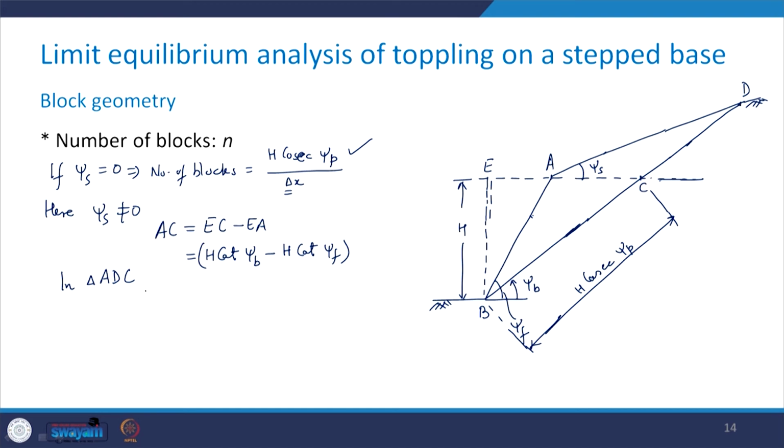What we will get is AC, and in front of this side this is the angle. What this angle would be, you see here, is psi b minus psi s, because this total angle will be psi b and this angle is psi s, and that is how you will get psi b minus psi s.